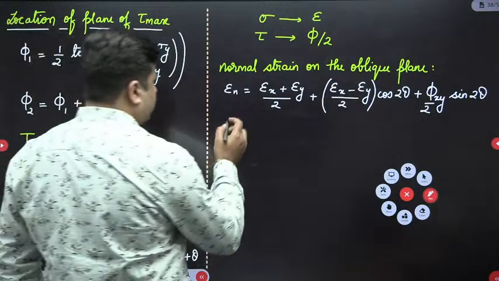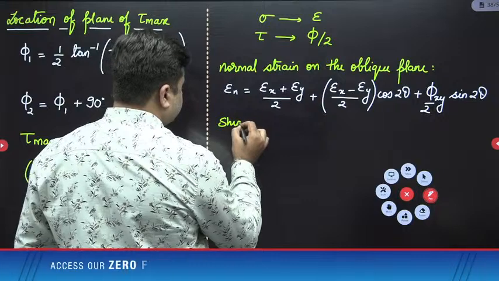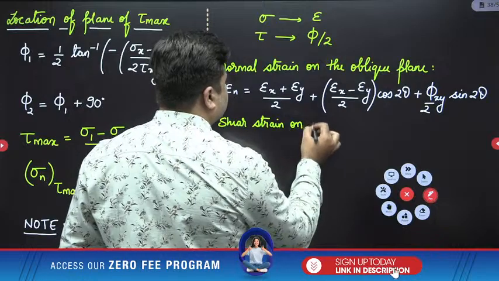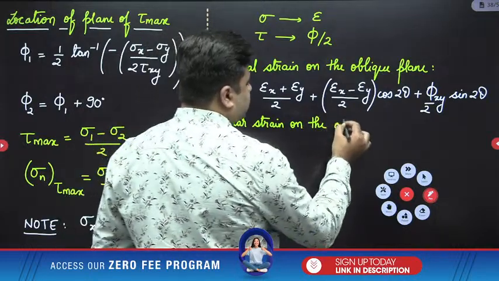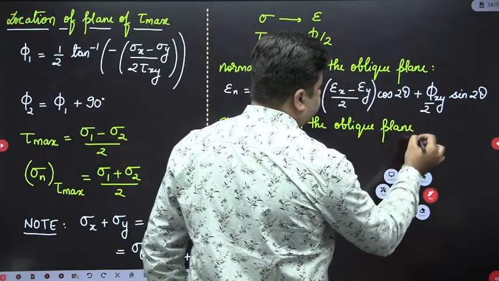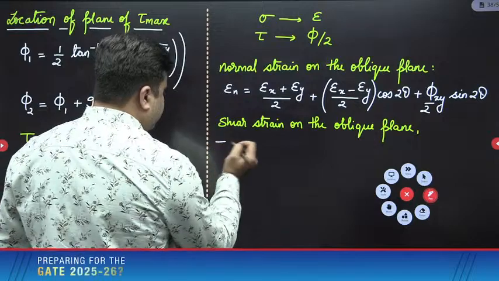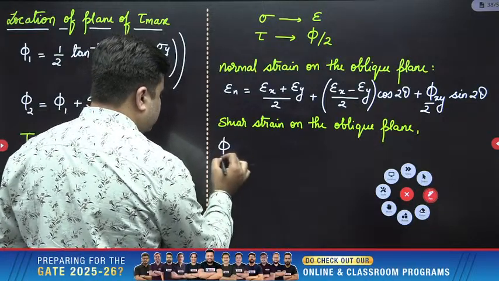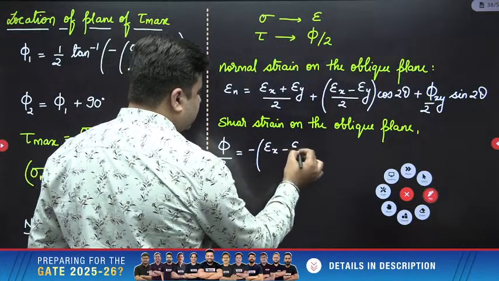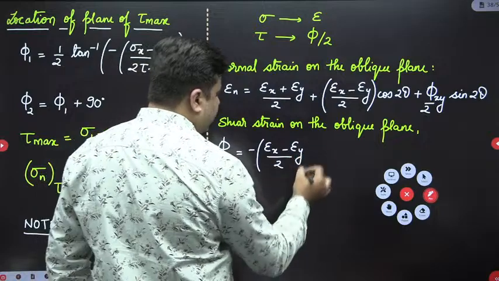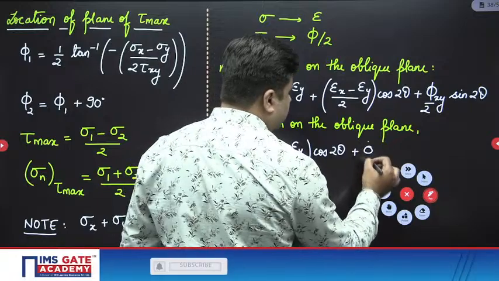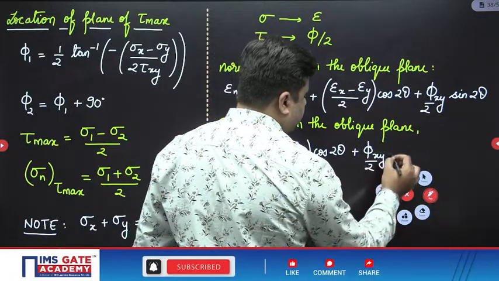Similarly, shear strain on the oblique plane, phi by 2, is equal to minus of epsilon x minus epsilon y by 2 into sin 2 theta, plus phi xy by 2 into cos 2 theta.